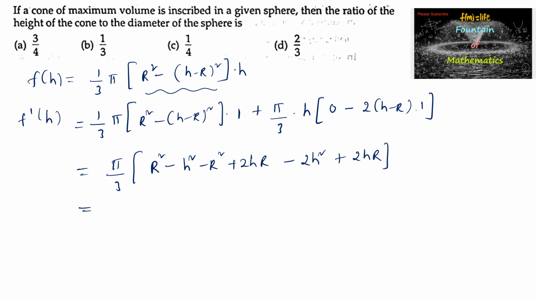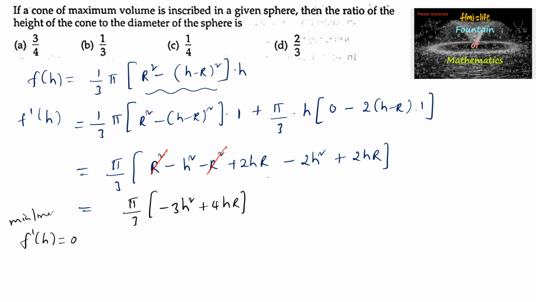So R square and R square get cancelled here, and 2HR plus 2HR is 4HR, and this is minus 3H square. So pi by 3 times (minus 3H square plus 4HR), and for minima or maxima f dash of H is equal to 0.